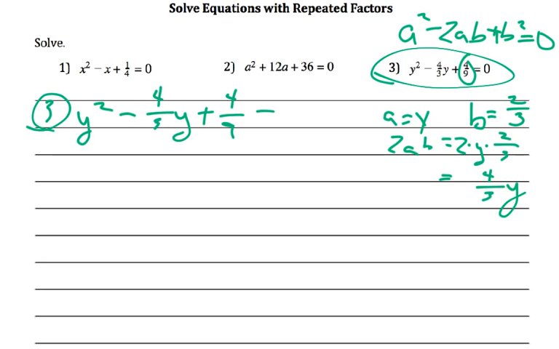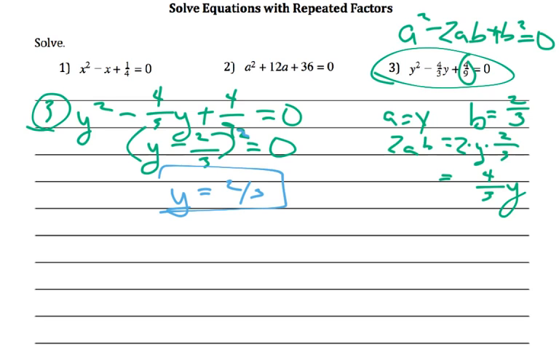So when I factor this, with the right side being set equal to 0, I will write y minus 2/3 equals 0. And then just like all the other ones, there's that squared there. Let me make that stand out in blue just so you can see that it's not the same as this fraction. It's getting a little bit sloppy. And I'm going to have y equals 2/3 as my repeated factors.